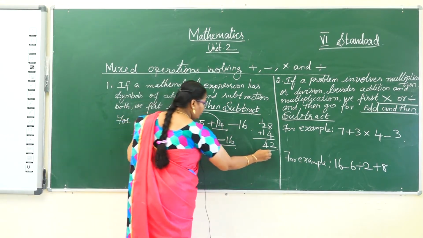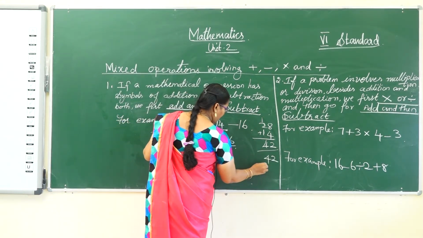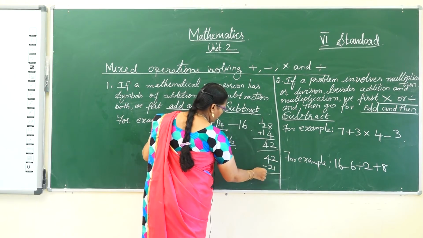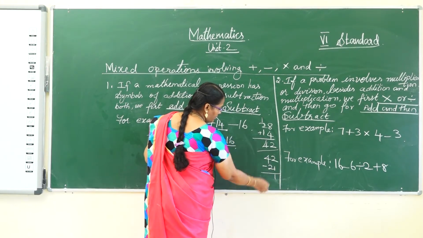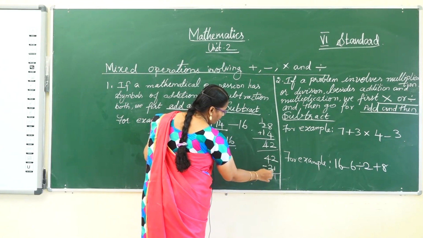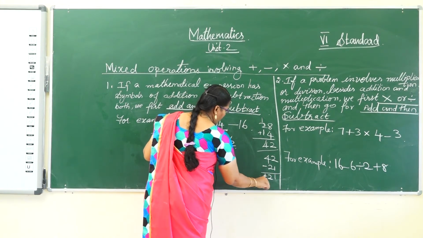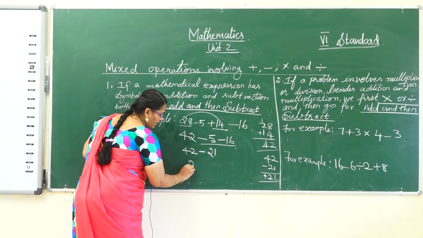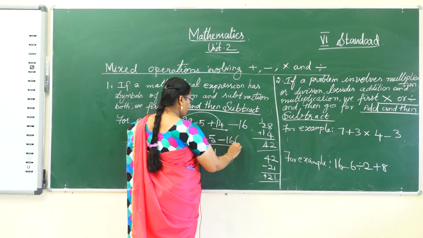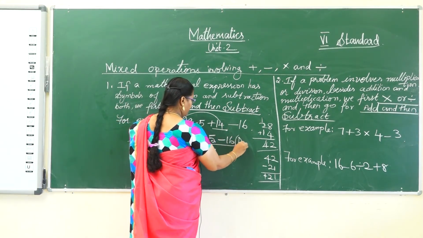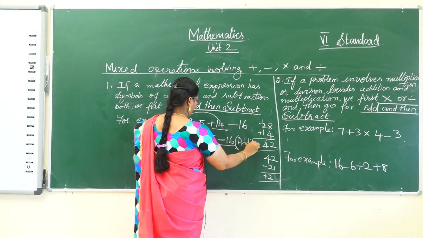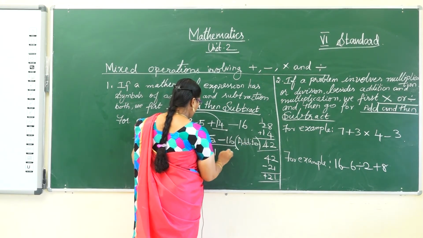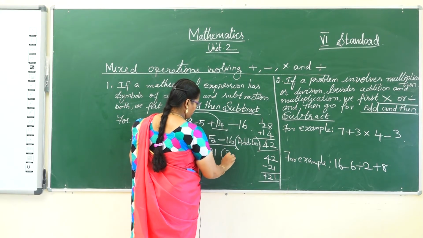Now subtract, 42 minus 21. 2 minus 1 is 1, 4 minus 2 is 2. The greater number's sign is positive, so the answer is 21. Here first preference to the addition, next preference to subtraction.